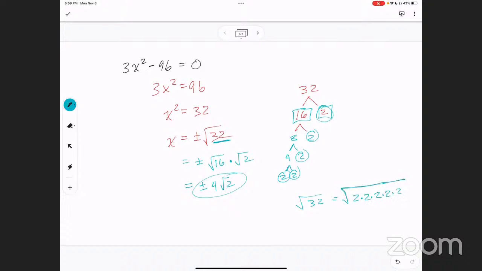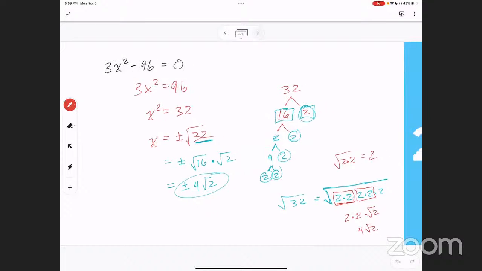That's the product of primes. But then, if you have 2 of the same thing, what is the square root of 2 times 2? It's just 2. And what's the square root of this one? Also 2. So really what you have is 2 times 2 times the square root of 2, which is 4 times the square root of 2. That's another way you could do it.